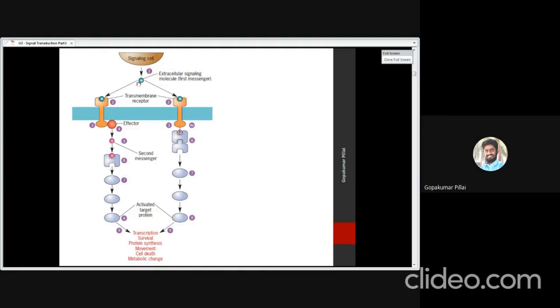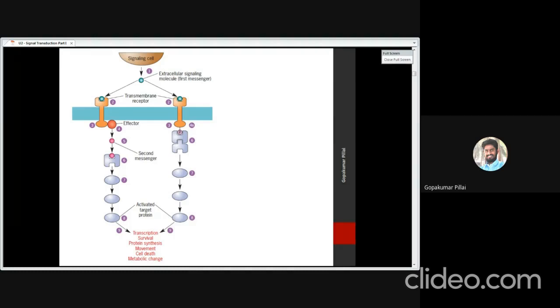So the extracellular messenger binds to the extracellular domain of the receptor. When it binds, the receptor undergoes a conformational change. Due to the conformational change, the cytoplasmic domain now becomes activated. Understand? Initially, the receptor was inactive.